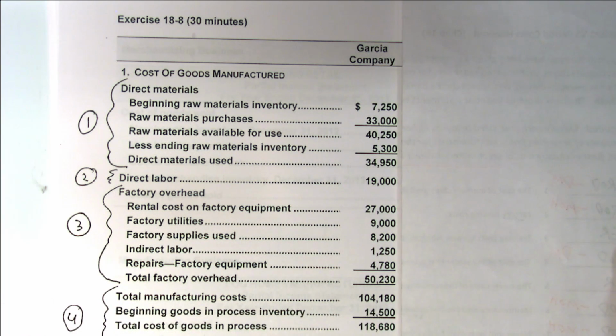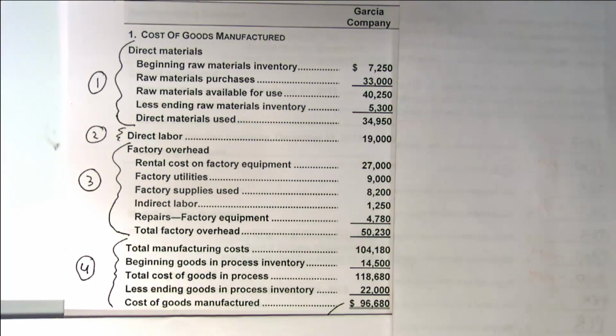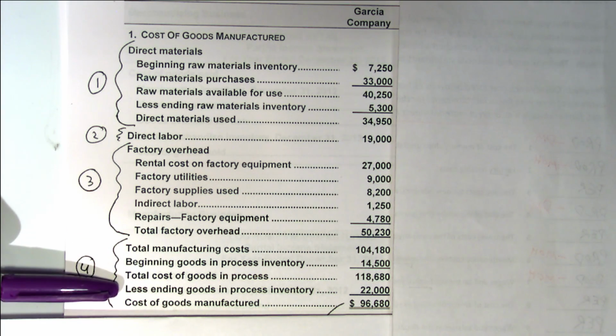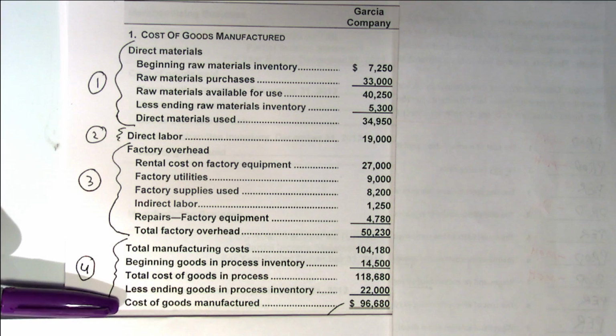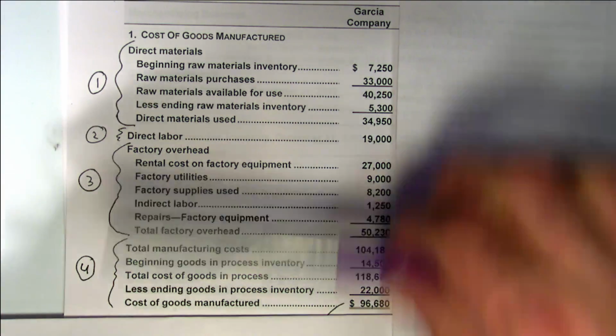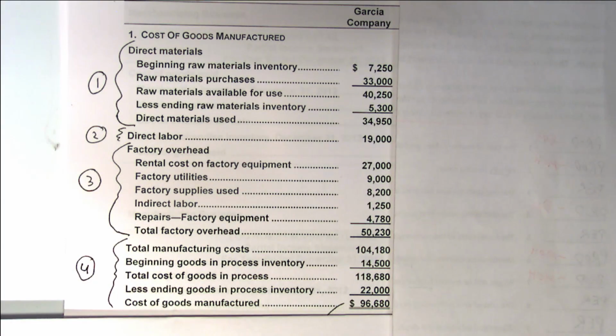Then what we do to get COGM is we add the beginning inventory of goods in process, and then we subtract out the ending inventory of goods in process. And there we get COGM. Is that correct? So there's the 4 steps. 1, 2, 3, 4. Now, it also asked you to do something else besides this, didn't it?